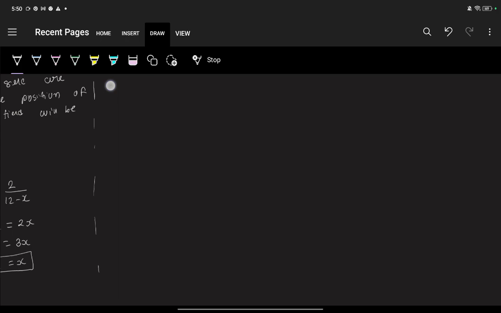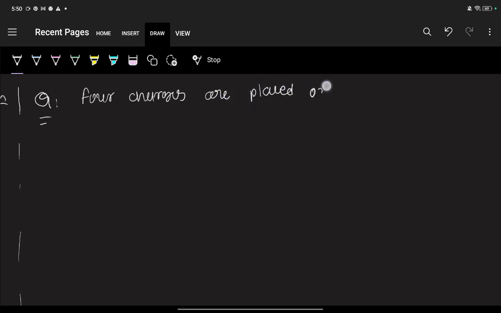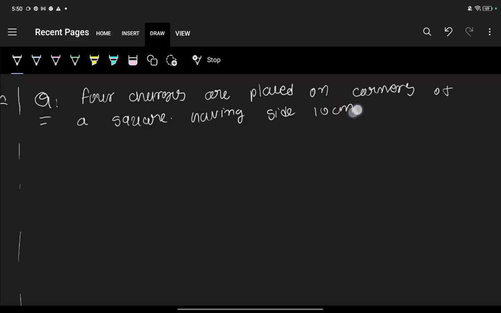Okay, I'm giving you one question for homework. Four charges are placed on corners of a square having a side 10 centimeter.